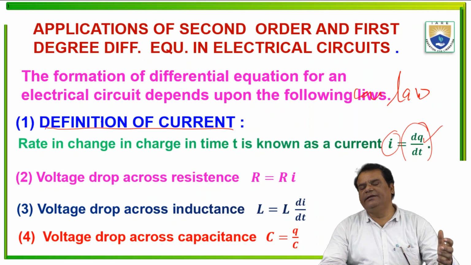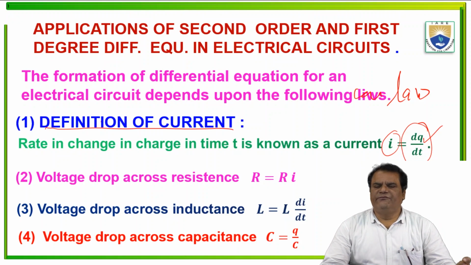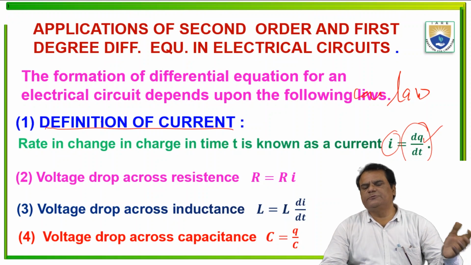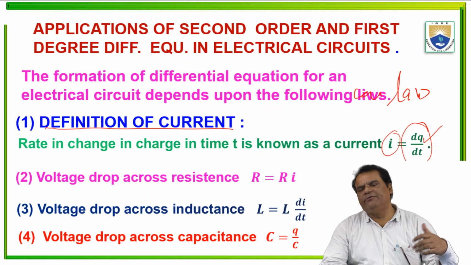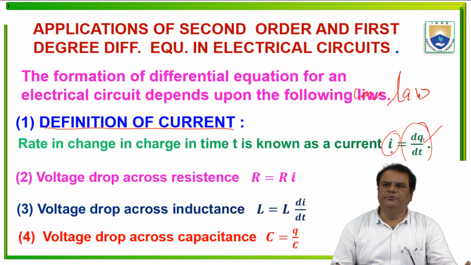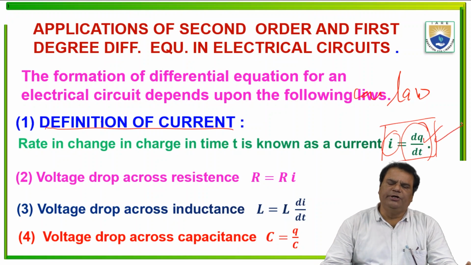That is known as current, represented by I. So this is the formula: I is current and I equals dq over dt.